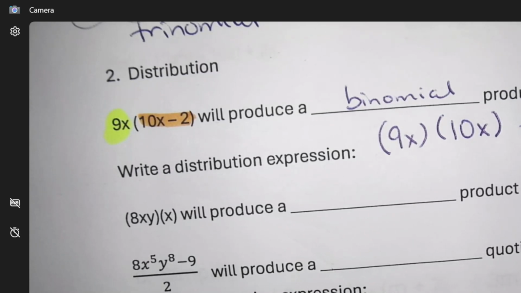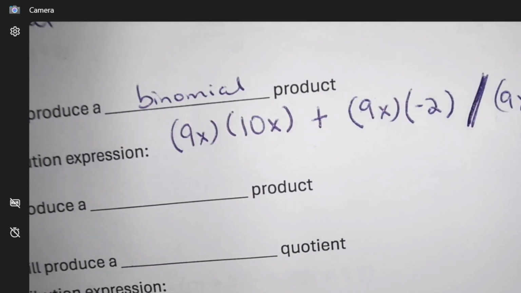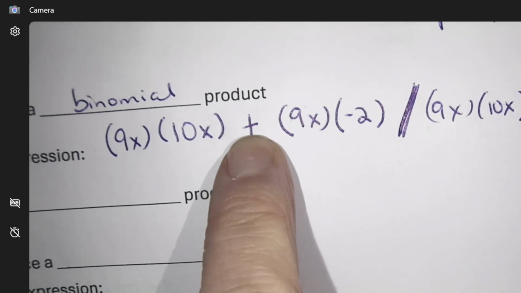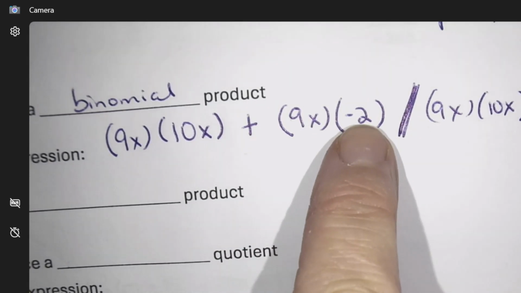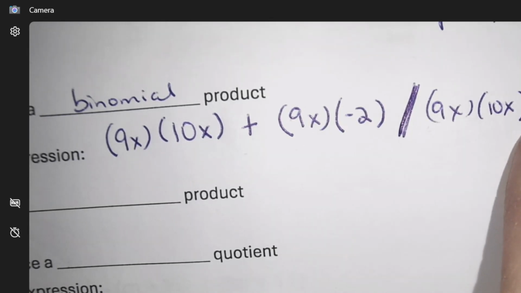I'm going to show you a different option. 9x, 10x, subtract. So what did I do differently here? Here I added, and then I used the -2. And here I subtracted.